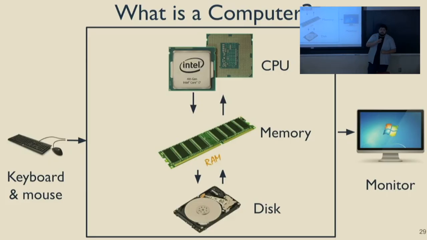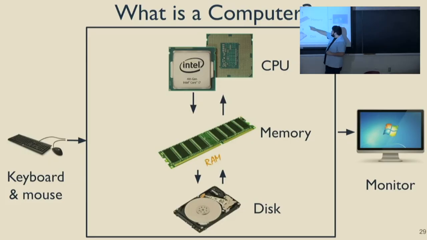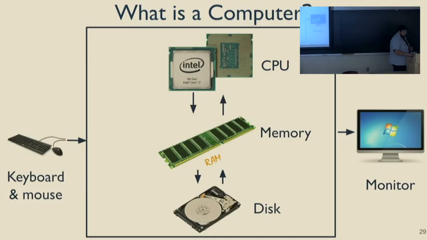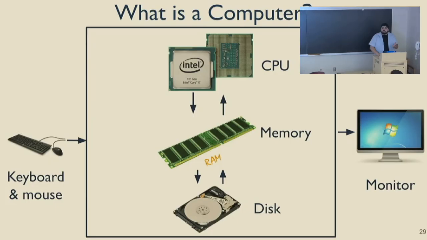So if you click, I don't know, the letter T on your keyboard, the T will go in through here, and then the computer will show you, hey, you just typed in the letter T, right? And this is the output that I was talking about before. Okay, that's basically what a computer is. You give it some stuff, it'll think, and it'll give something back to you.